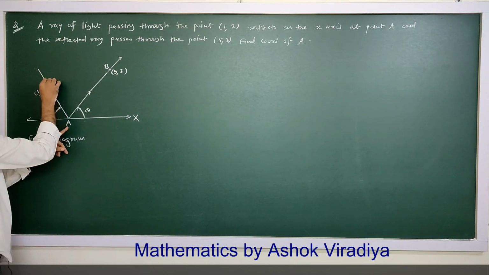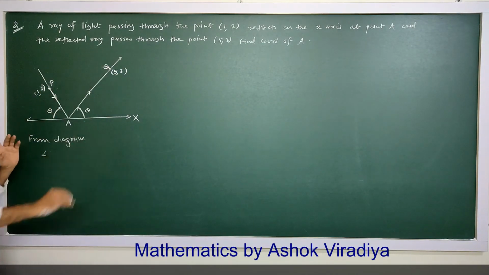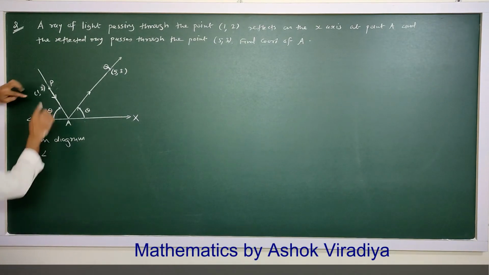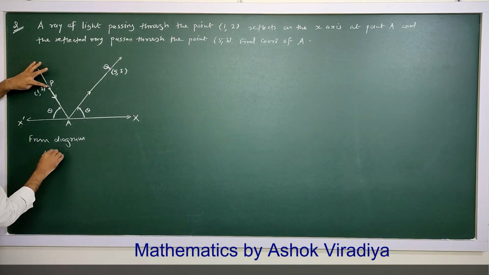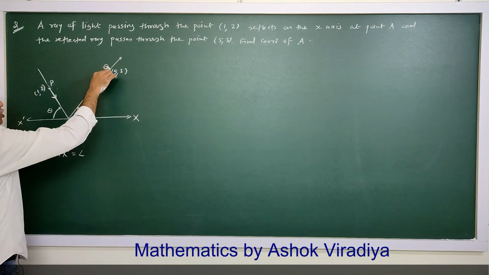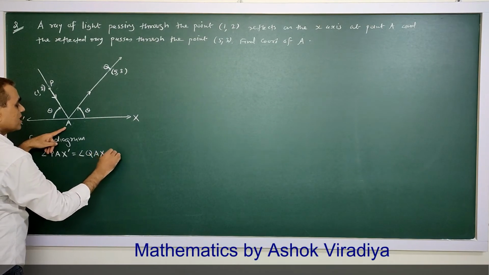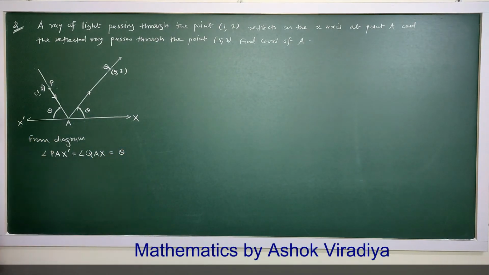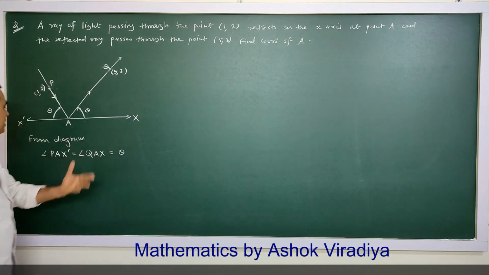Suppose I take the point here as P and this point as Q. So angle PAX dash is equal to angle QAX. Suppose that this angle is theta.